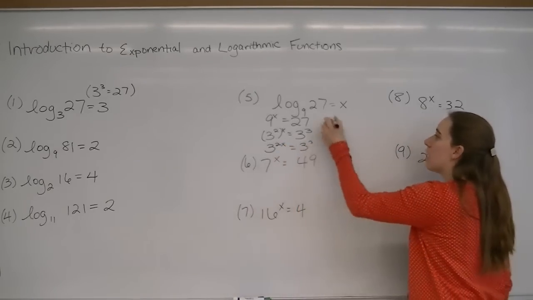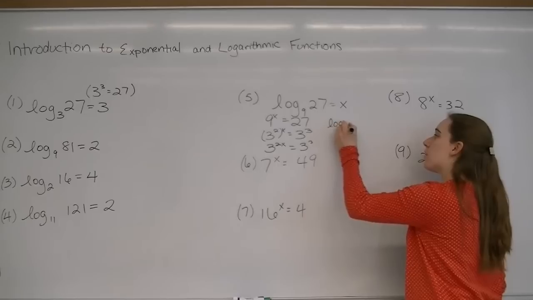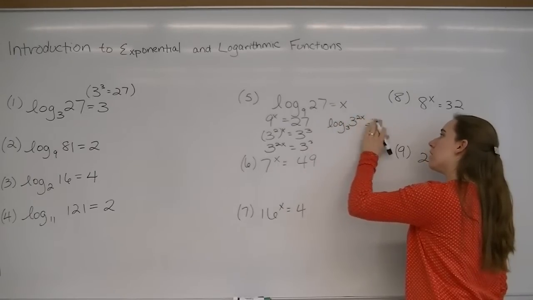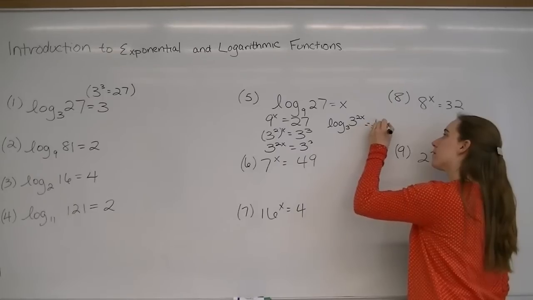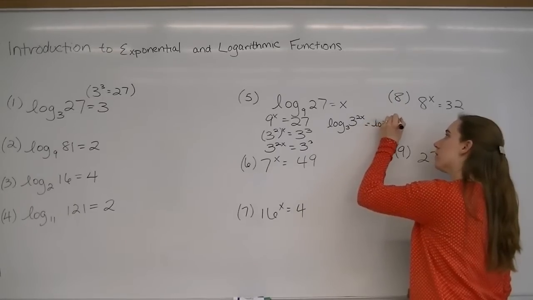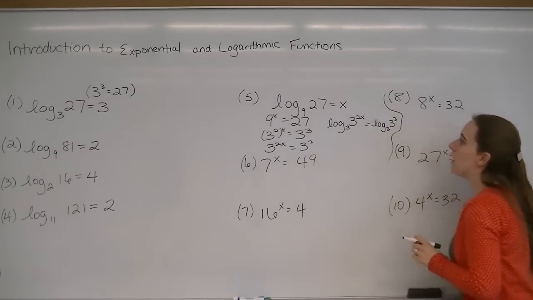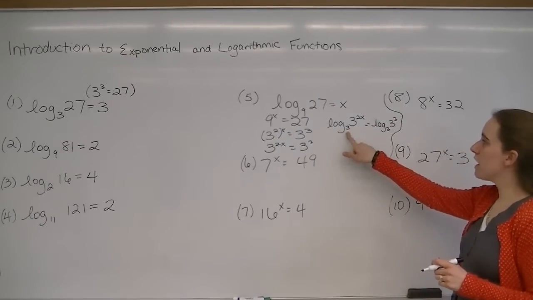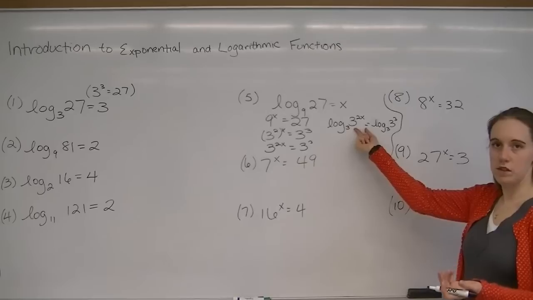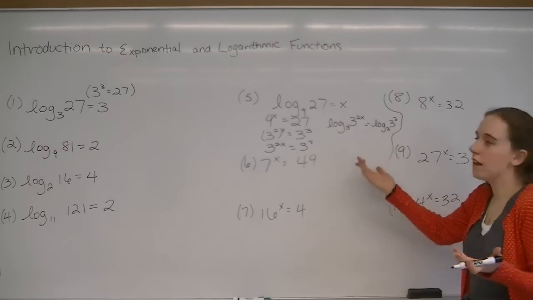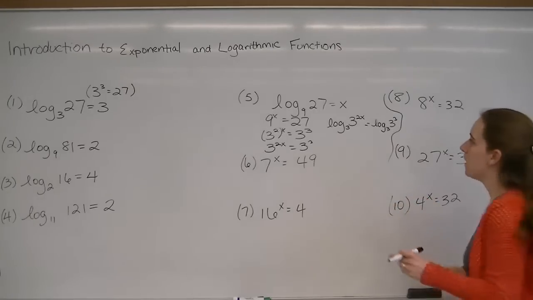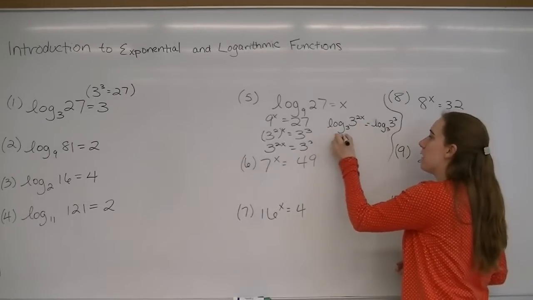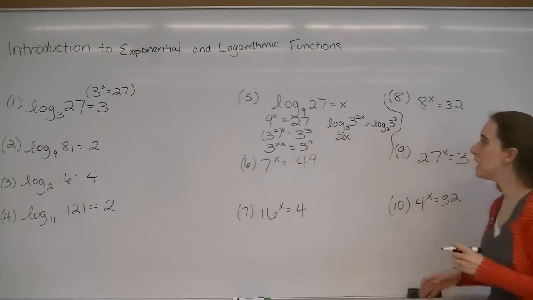Now if I take log base 3 of both of those, I'm trying to think what power of 3 gives me 3 raised to the 2x power. Well, that's going to be 2x, because I already know, from the way this is given, that I'm taking the 2x power of 3.